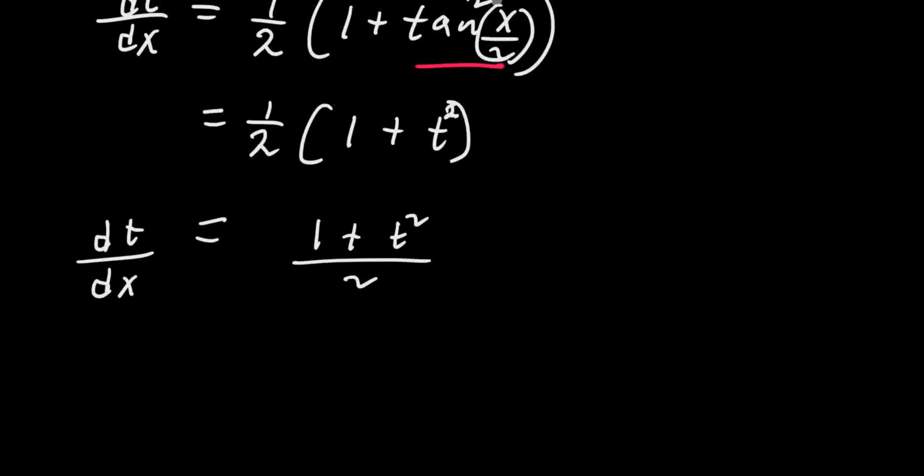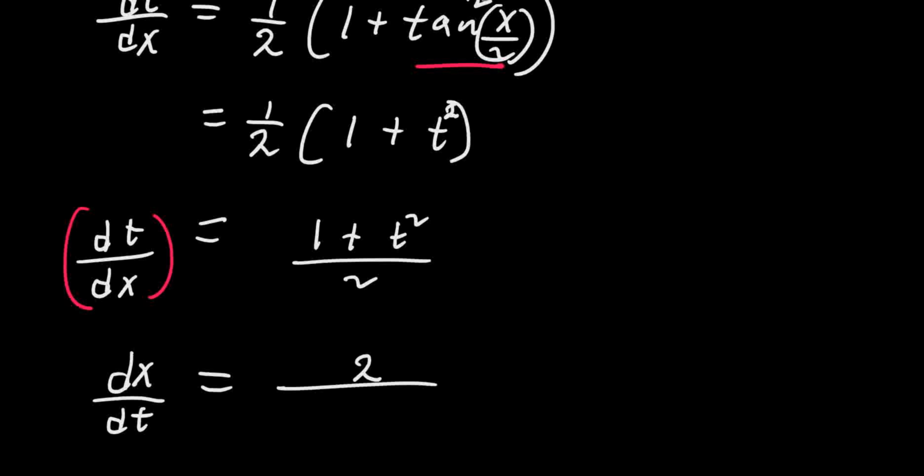So if we take the reciprocal of this, then dx over dt is equal to 2 over 1 plus t squared.